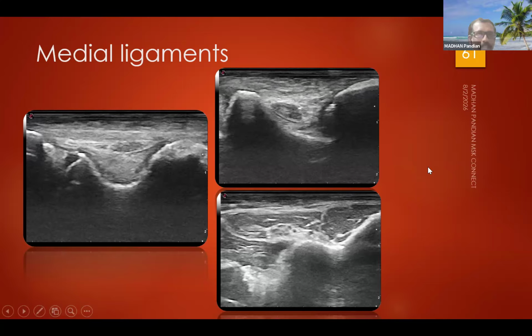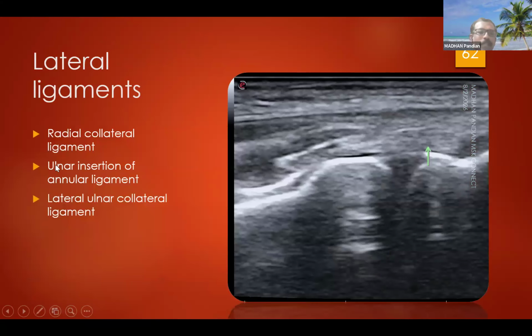So you should also be very careful in measuring it. Anything more than 8 millimeters square is considered to be having an entrapment. And these are the two heads of the FCU, and in between you have the ulnar nerve just below the medial epicondyle, right?